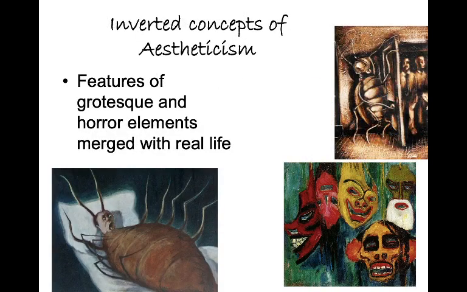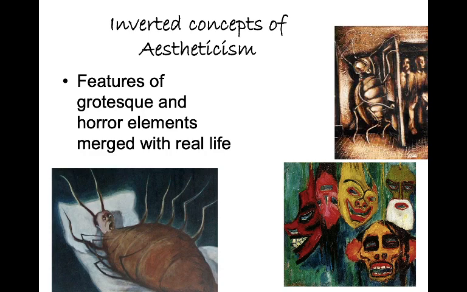So, as I said earlier, Expressionism inverts the concepts of aestheticism, which you find in earlier artworks. It introduces the features of grotesque and horror elements, which are merged with real life.